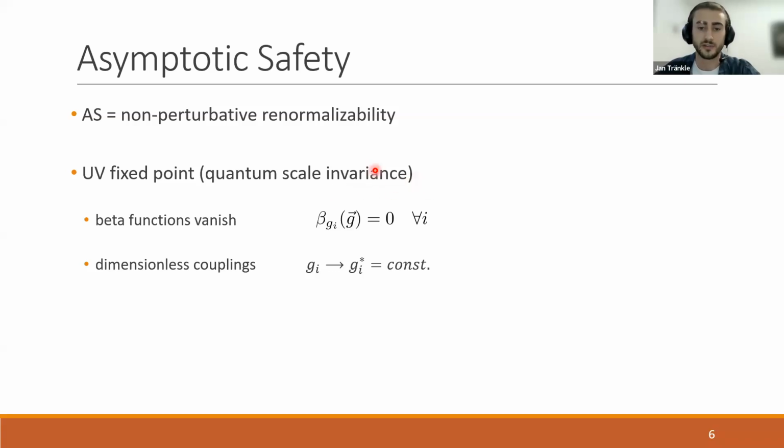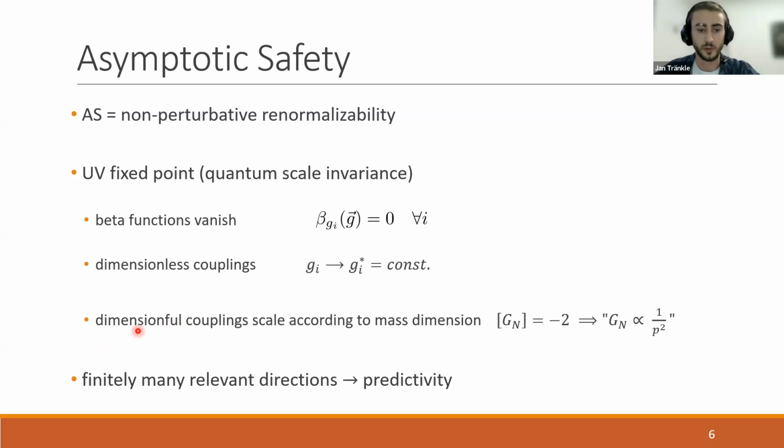And at such a high energy fixed point, the beta functions of dimensionless couplings, denoted here by beta g_i, have to vanish by definition. And this then in turn implies for these dimensionless couplings g_i that they attain a constant value in the ultraviolet. In turn, for dimensionful couplings, like the Newton constant, we expect them to scale according to their mass dimension.